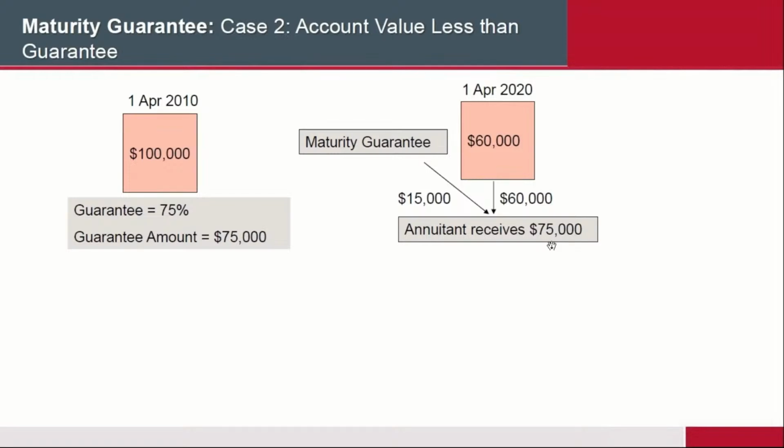So because it's less than the 75%, the insurance company has to top it up by $15,000. So if it's more than 75%, the maturity guarantee is zero. If the amount of money at maturity is less than the maturity guarantee, then you have to calculate what the maturity guarantee is. In this case, of course, $75,000, and the insurance company has to top it up by $15,000.